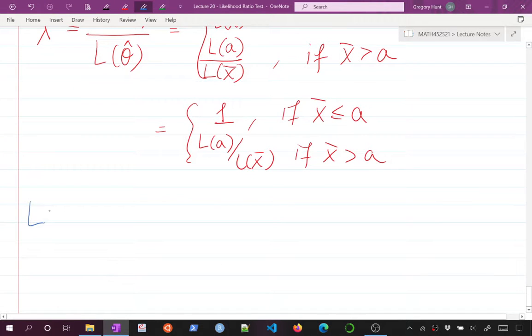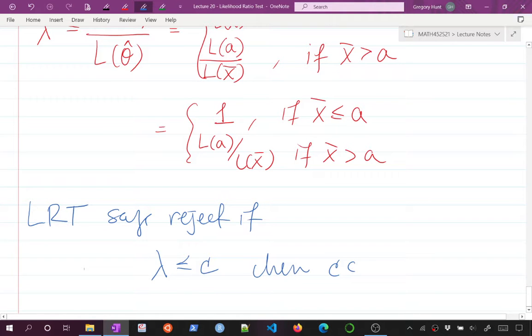Our LRT, the likelihood ratio test, says that our rejection region, let's say, is reject if lambda is less than or equal to some value C, and we're going to choose our C from basically this unit interval, 0 to 1, depending on the trade-off we're going to make, and we'll see how to make that trade-off.